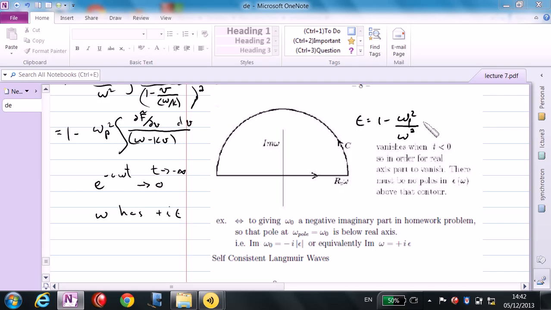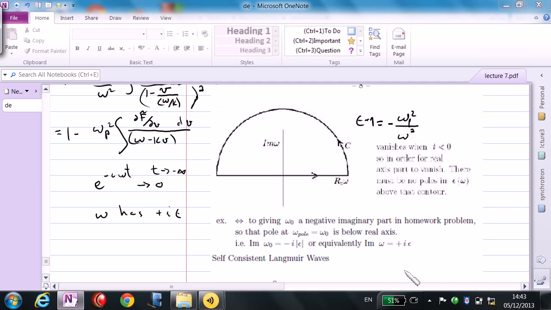What we have to do is find the pole for omega. Well, let's write it this way: epsilon minus 1 is equal to minus this, right?